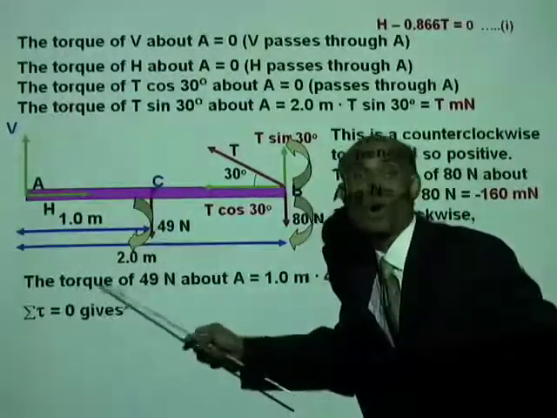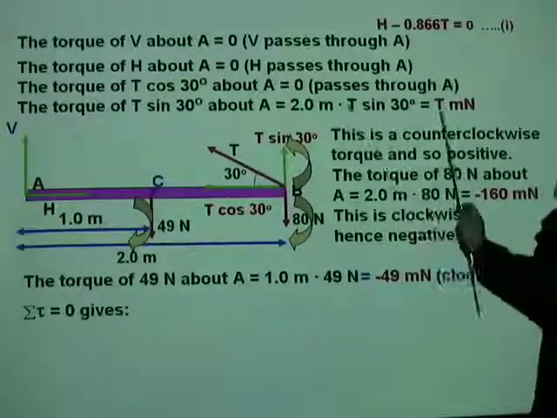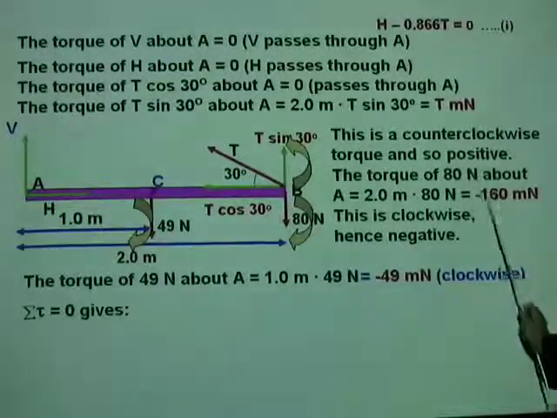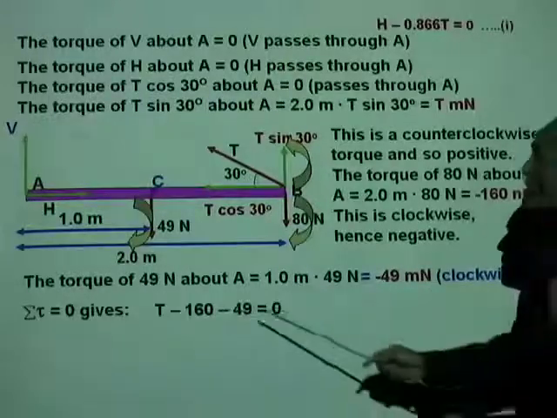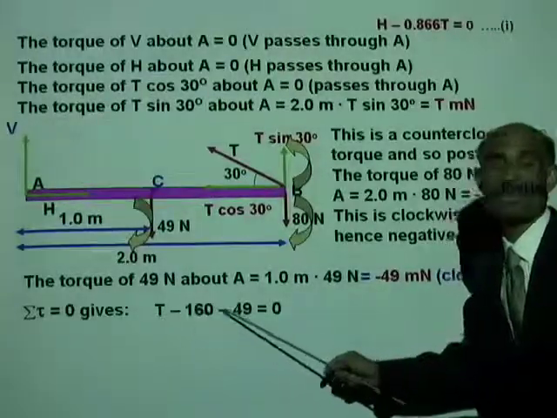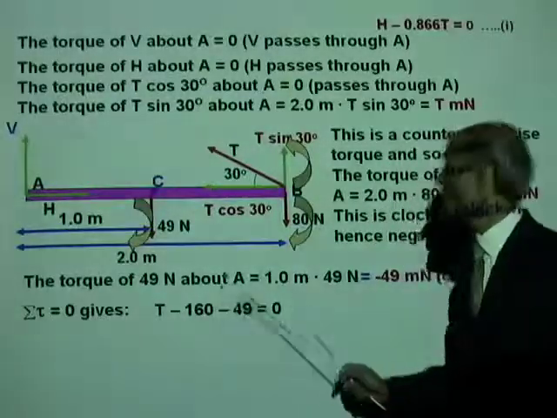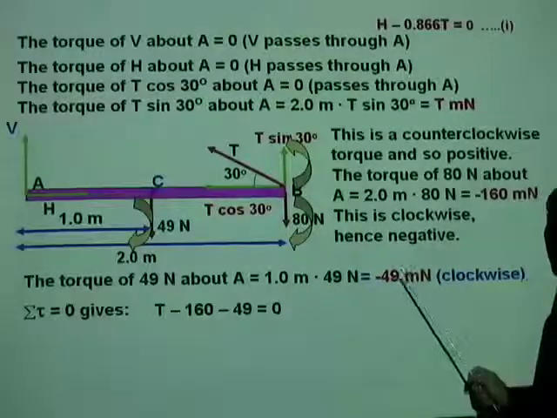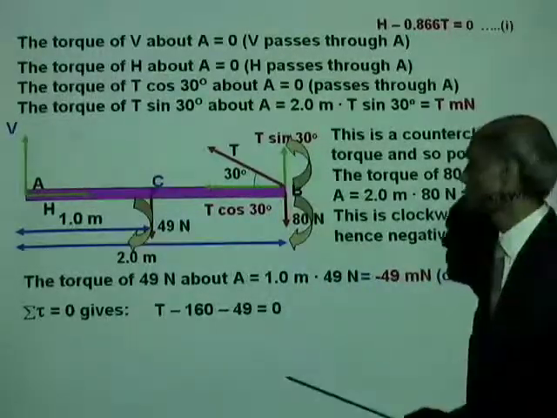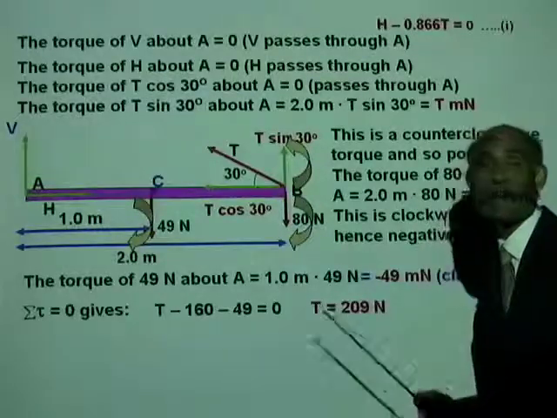Alright, let's now add all these torques. Summation of all these torques will be 0. Look at that. T minus 160 minus 49 equal to 0. That is what you get by applying summation tau equal to 0, and that gives you the value of T right away.